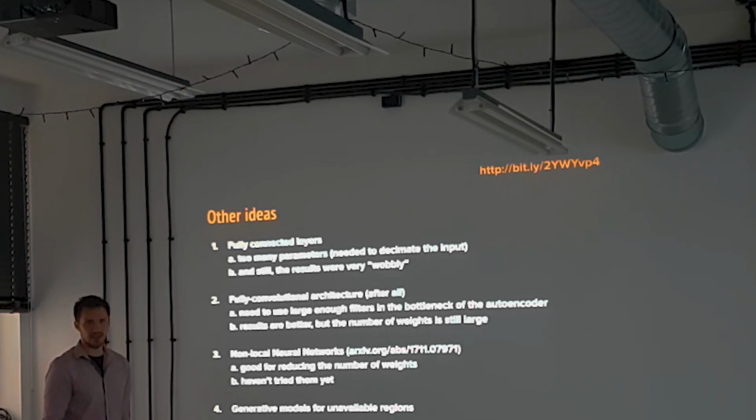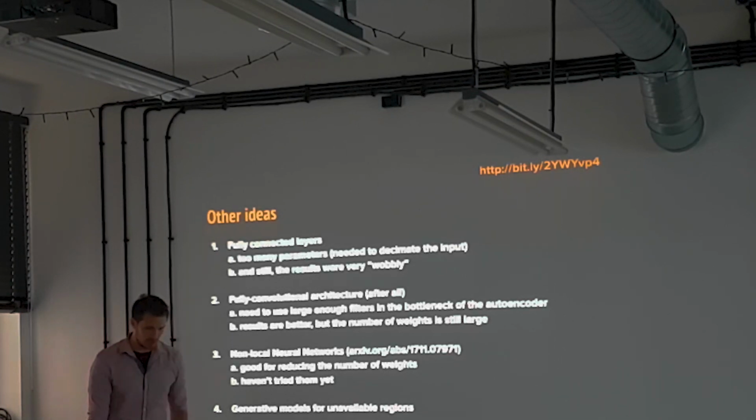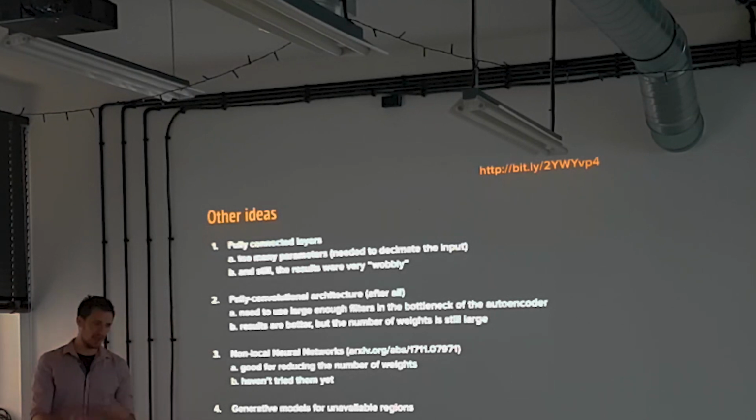For example, in the three-class case, most of the image is the other class, right? So it's a huge waste to use each pixel separately for that class. You can try to capture some patterns that occur throughout the image.